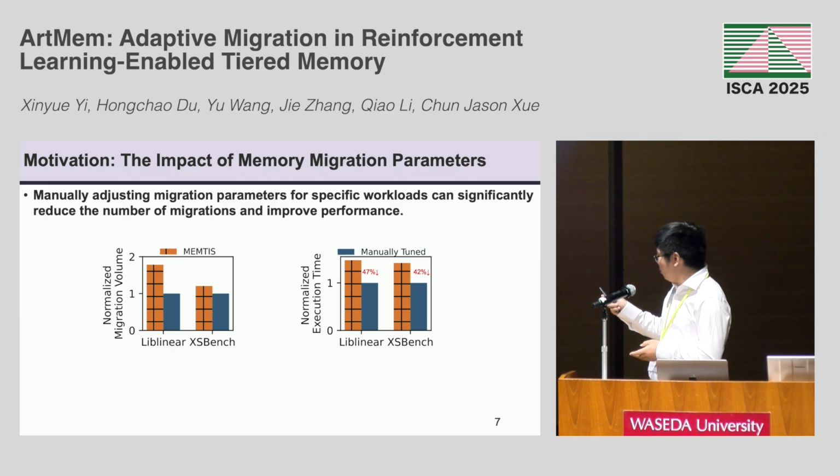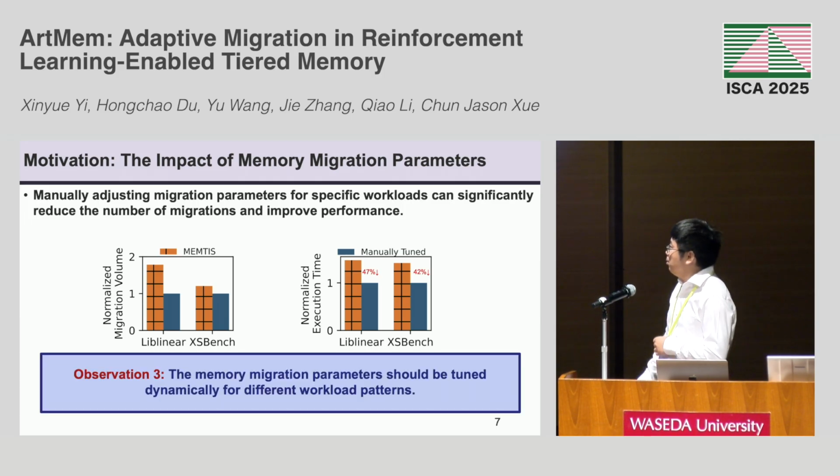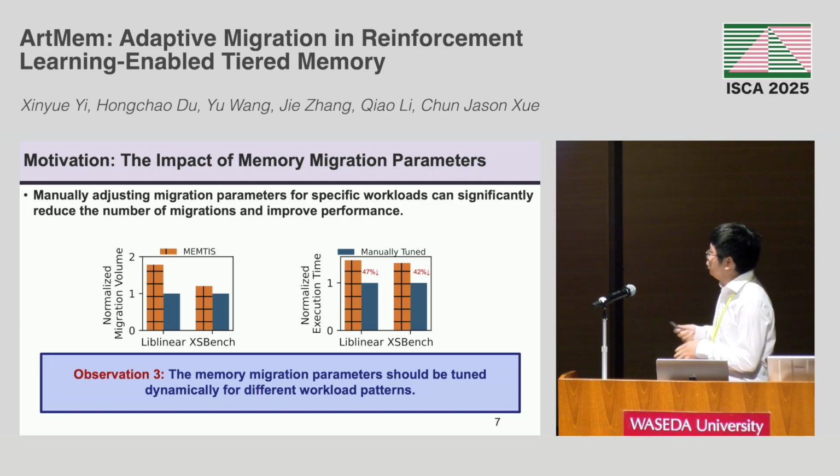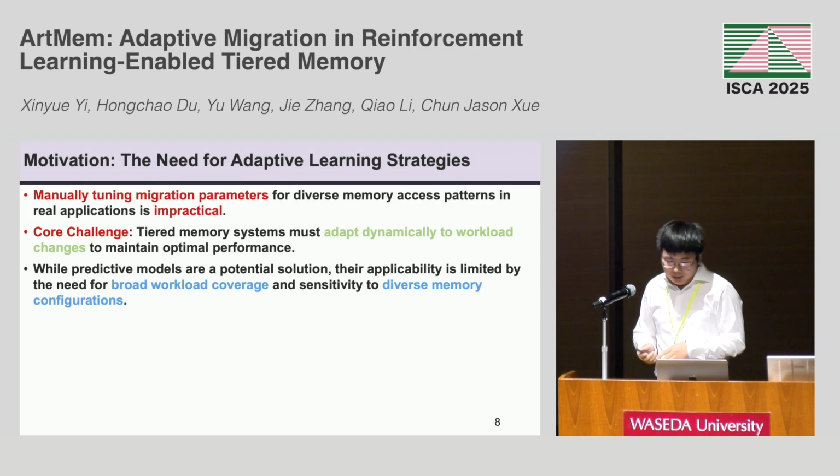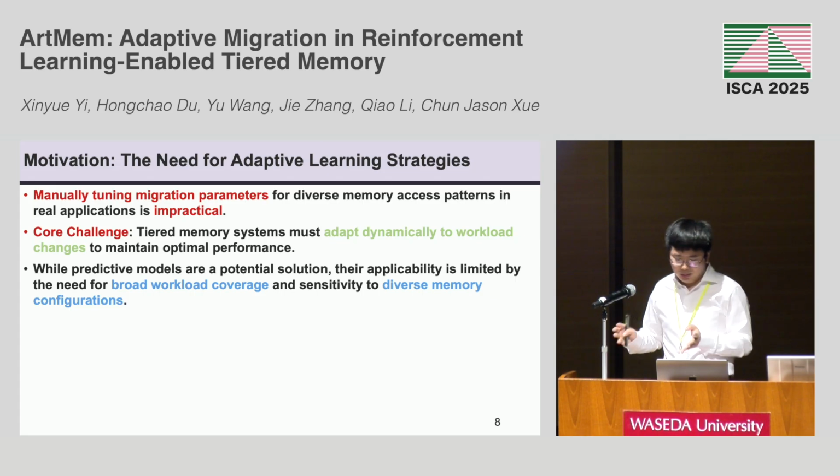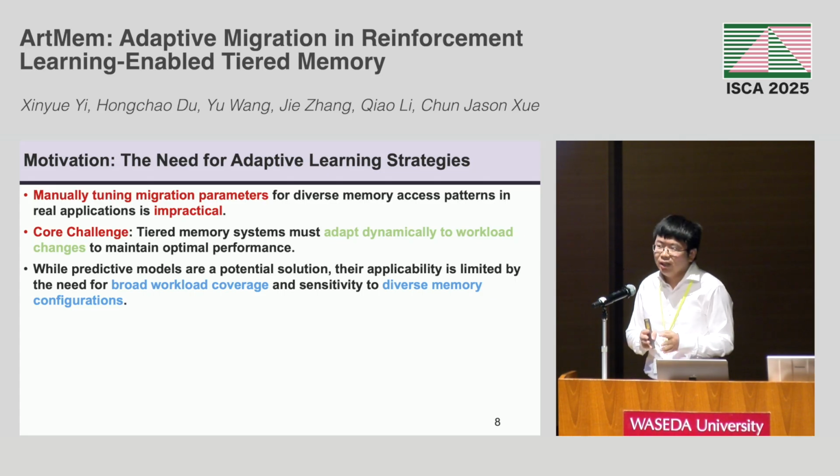This leads to our third observation. The memory migration parameters should be tuned dynamically for different workload patterns. However, manually tuning these parameters for every workload is clearly impractical, if not impossible, in real systems.